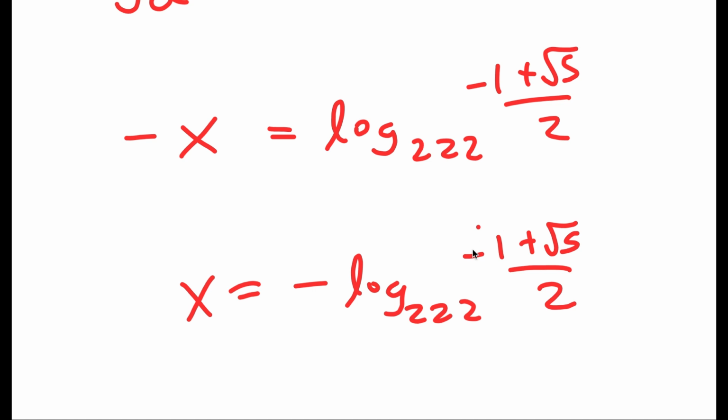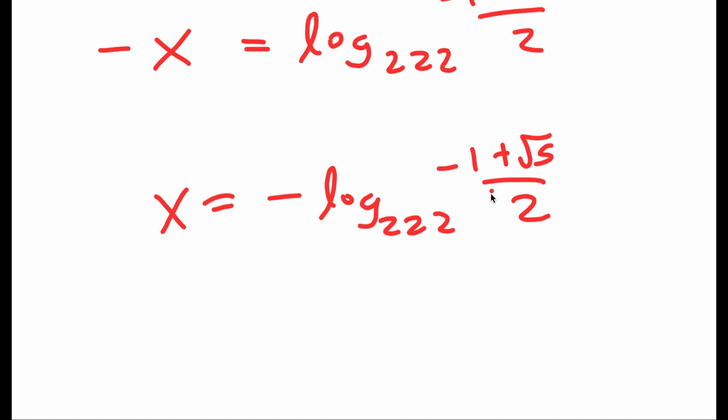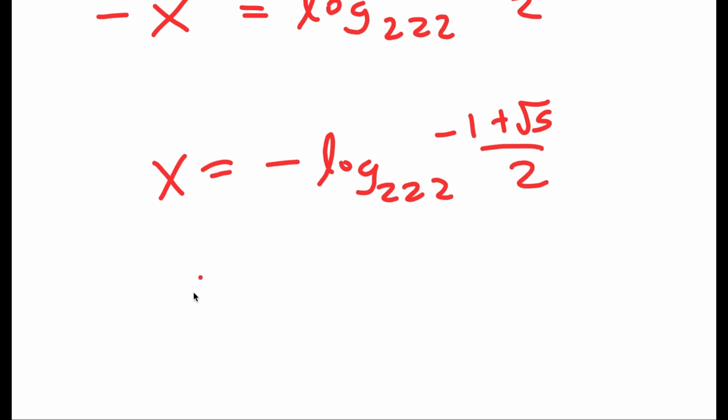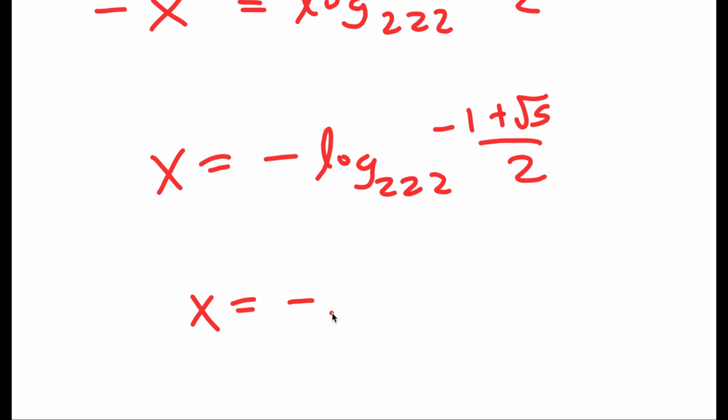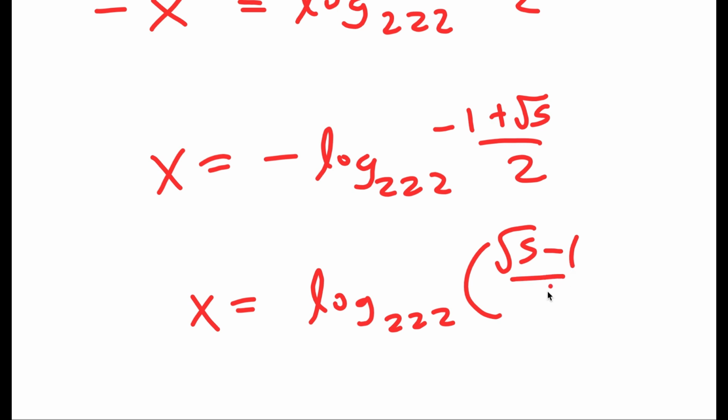So now I'm actually going to simplify this a little bit, so we're not done yet. What I'm going to do is rewrite this as positive log base 222 of the square root of 5 minus 1 over 2 to the power of negative 1.